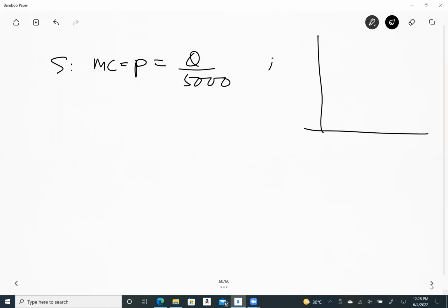Now, you look at the demand function and the supply function, or the marginal cost, equal to P equal to Q over 5,000. If you recall, when we discussed the demand function, we drew the demand function with P as a function of Q. And then when you have the marginal external cost, you add it to the price.